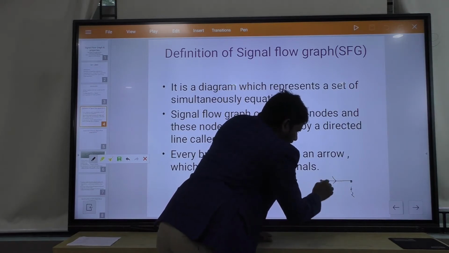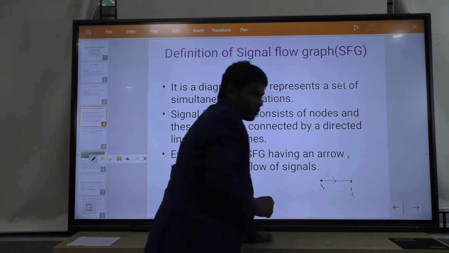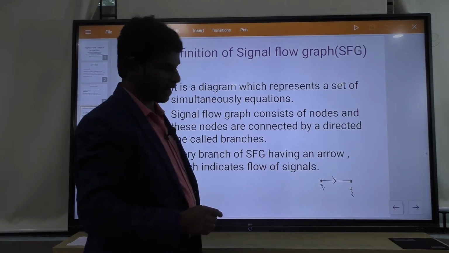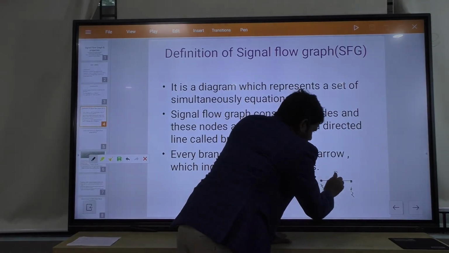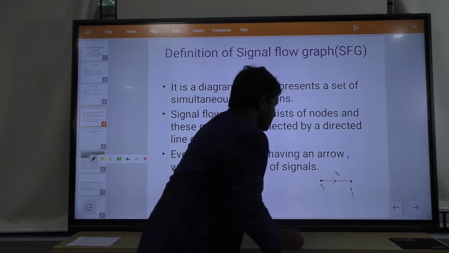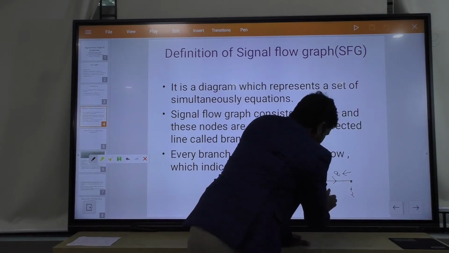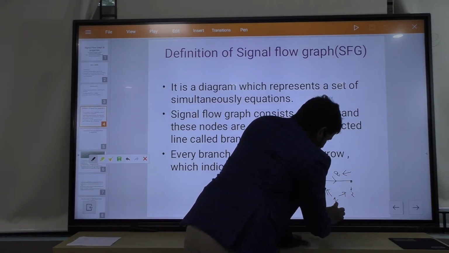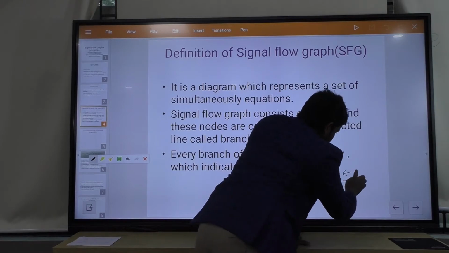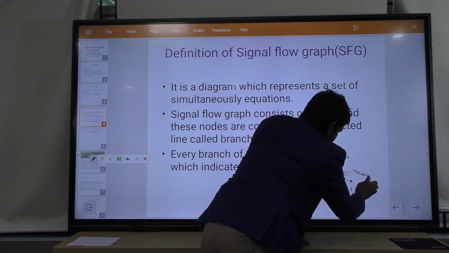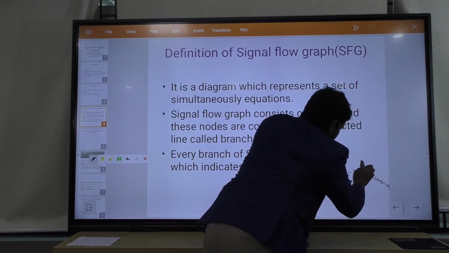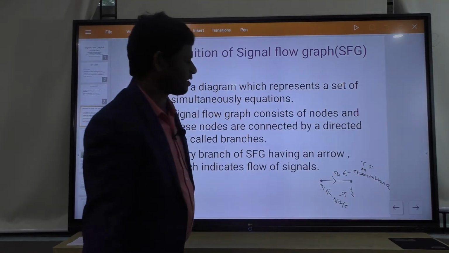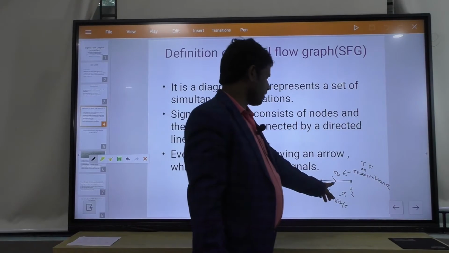Each branch, the part between two nodes, has an arrow mark, and near it the transmittance is written, here A1. X1 and X2 are nodes, and A1 is the transmittance, that is, the transfer function of the branch.